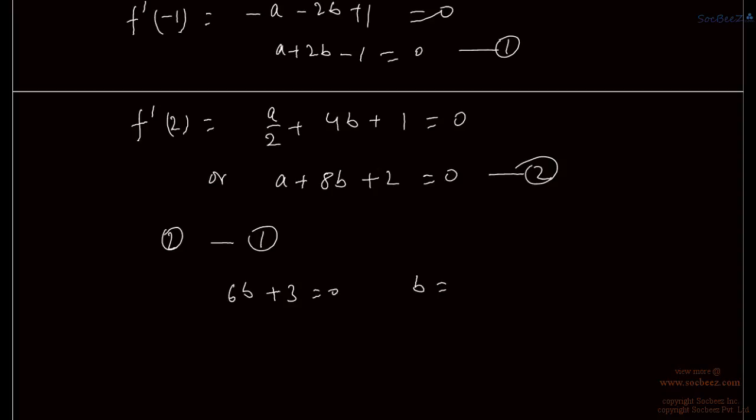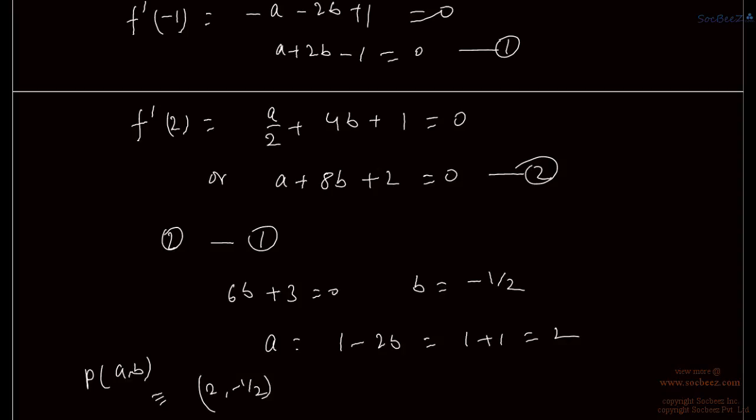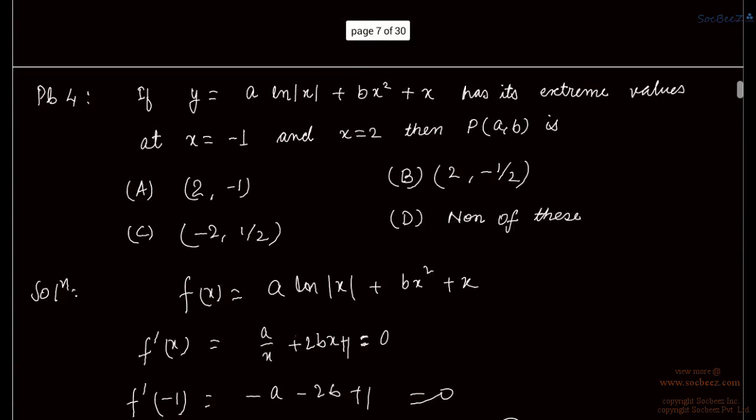So b we are getting minus half, and if we substitute b in any of these two equations, we will be getting a. So I am substituting this in equation 1. So a is equal to 1 minus 2b, which is equal to 1 plus 1 is equal to 2. So we have point a, b as 2, minus half. So option B is correct.